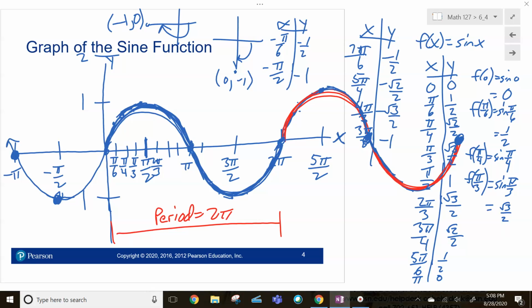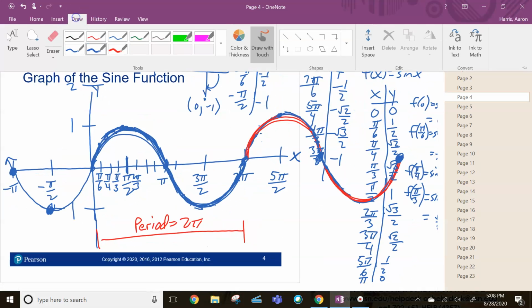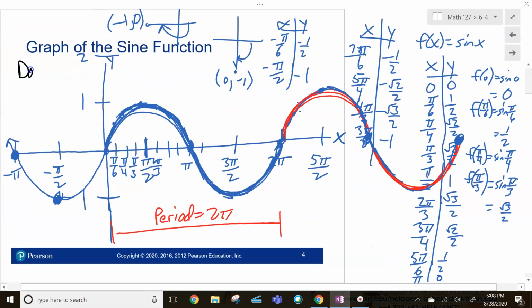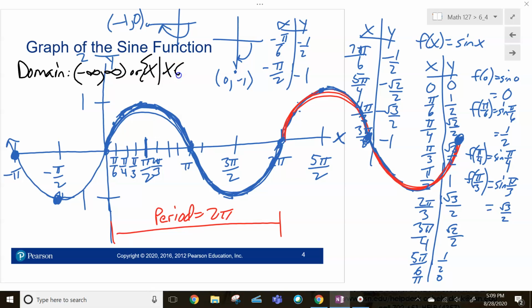Okay, so this is a graph of the sine function. Notice the domain: we can plug in anything. So our domain is the set of all real numbers, or you could say x such that x is an element of the real numbers.